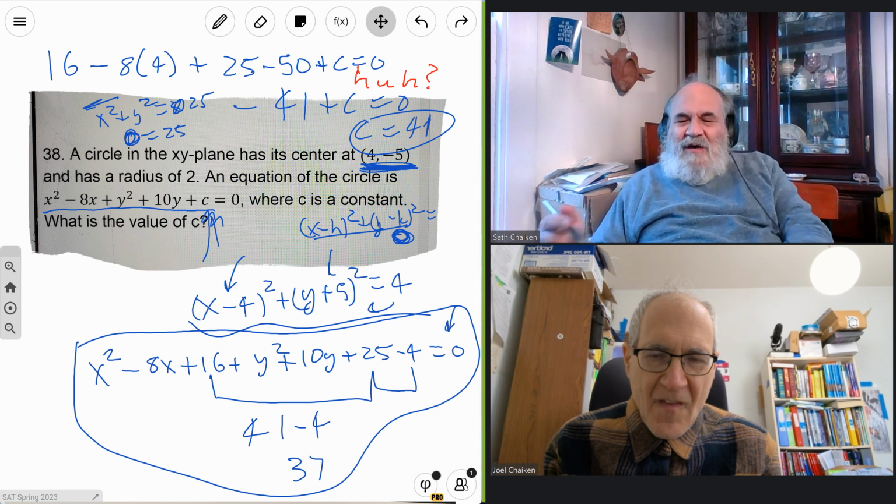Well, if you plug in the center, what you get is minus 4. So you have to pick C so that when you plug in the center over here, you don't get 0, you get -4.